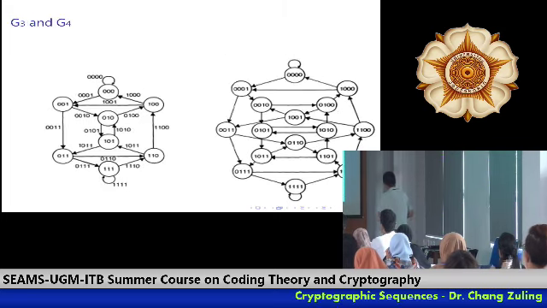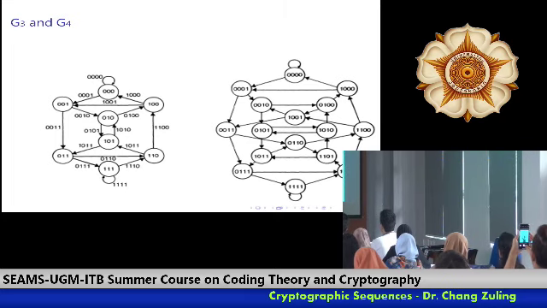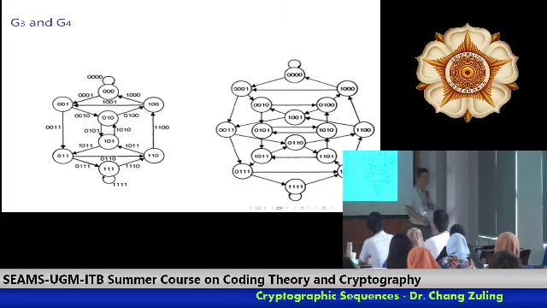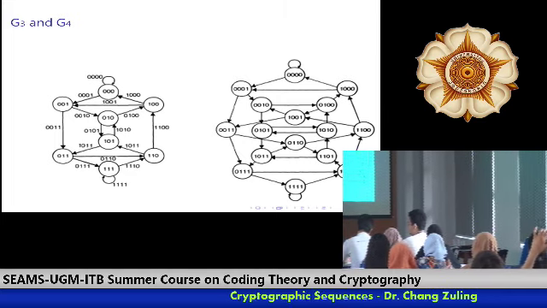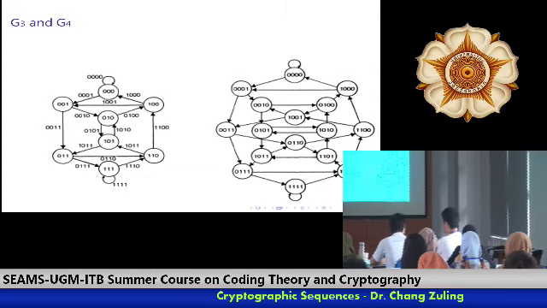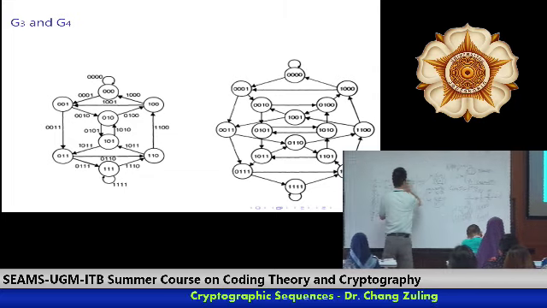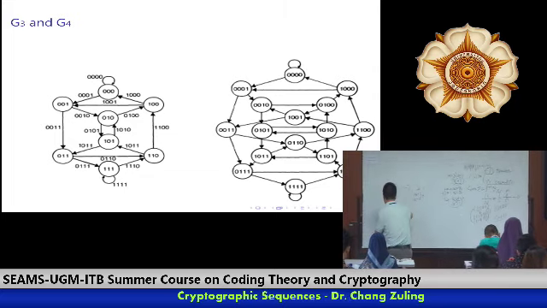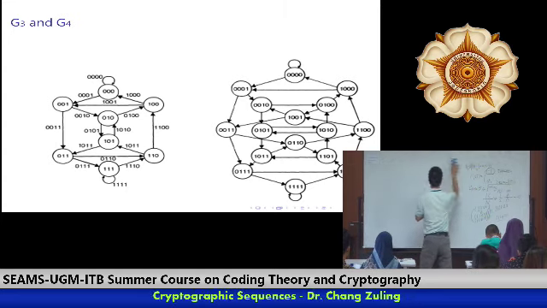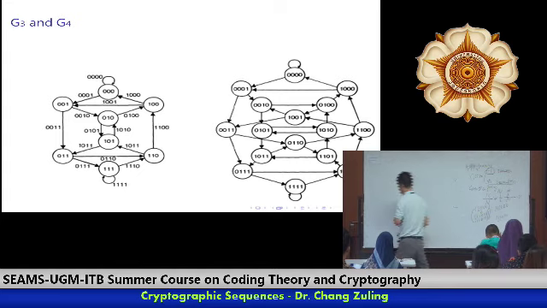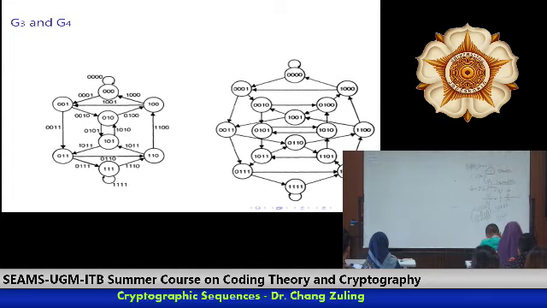A Hamiltonian cycle will pass through all the different states. We figured out this route.